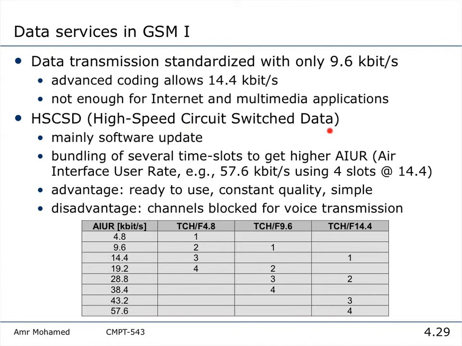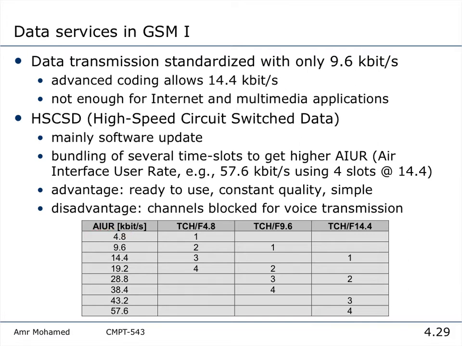It's still circuit switch data. So these channels are established end-to-end. So you have to establish these circuits, okay? And all we did is group multiple of these circuits into one big virtual circuit. So this way you can achieve rates of, this is called the air interface user rate.